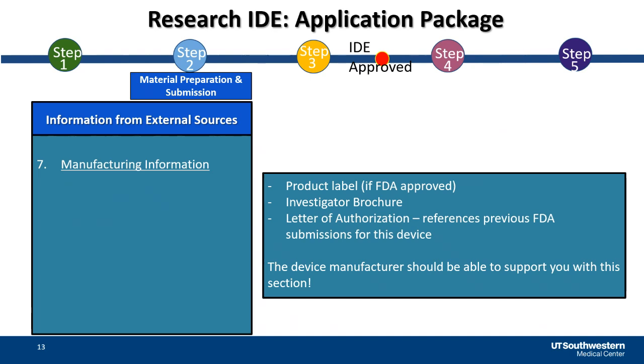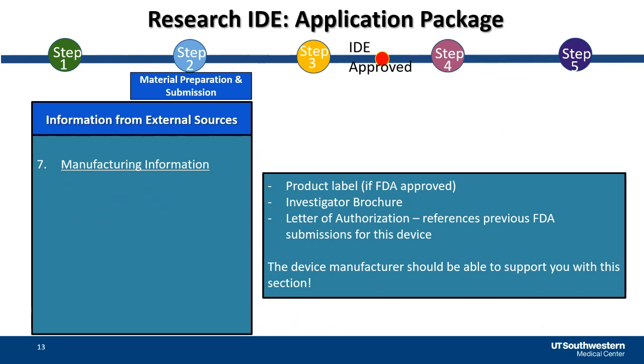If your device is not approved, then you'll have an investigator brochure, similar to what they have for drugs. Basically, this is a collection of all information about the device from the manufacturer for anyone using or assessing the device. This will have manufacturing information, safety information, risks, and all of this information which the FDA can review.